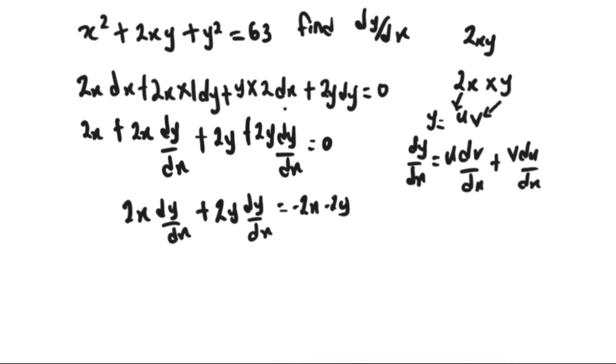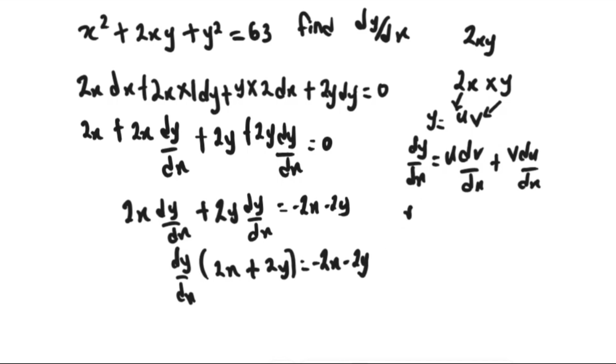I take this 2x to the other side and this 2y to the other side, and they become negative. Let's factorize dy/dx out of the left hand side. Our dy/dx times (2x plus 2y) is equal to minus 2x minus 2y.